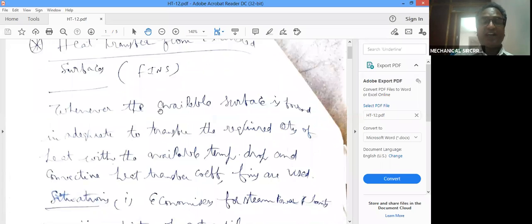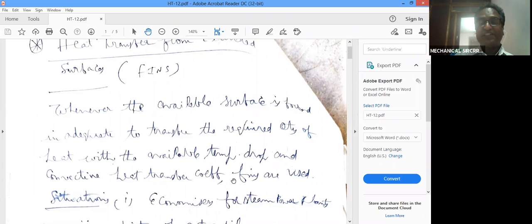Whenever the available surface is found inadequate to transfer the required quantity of heat with the available temperature drop and convective heat transfer coefficient, you are supposed to use fins.